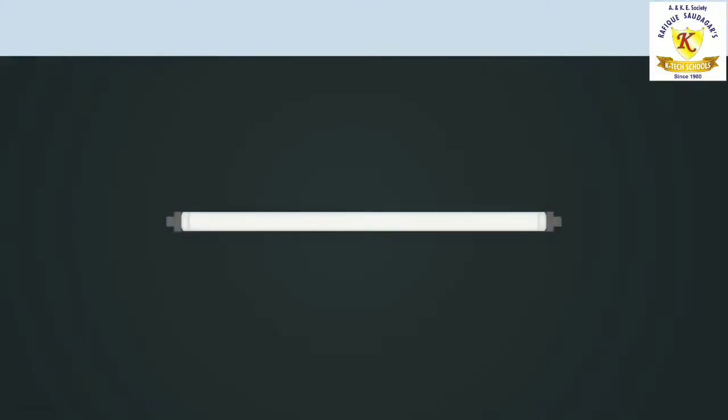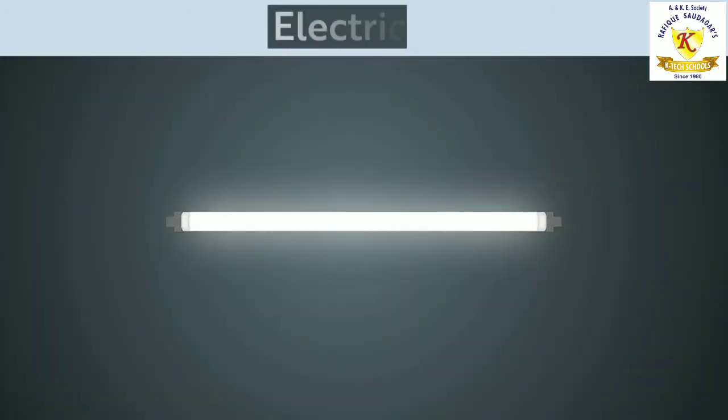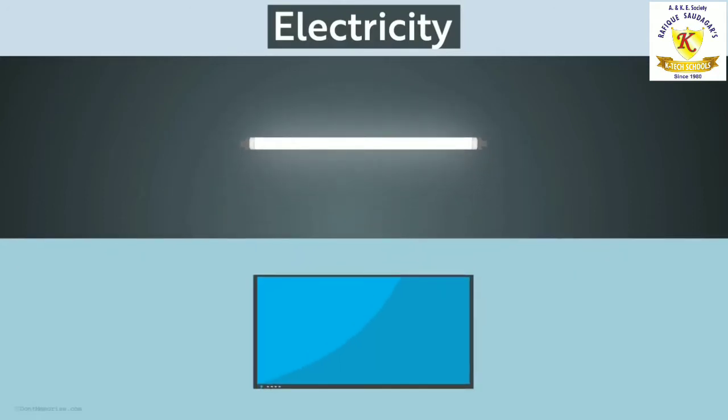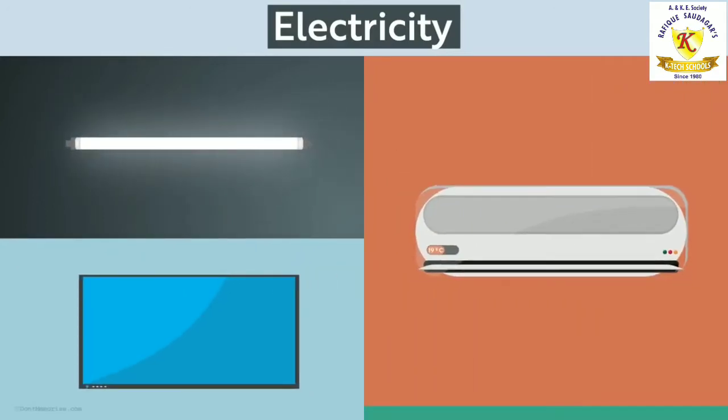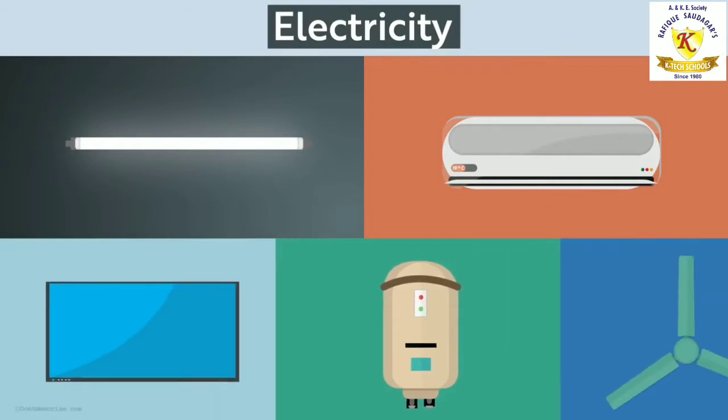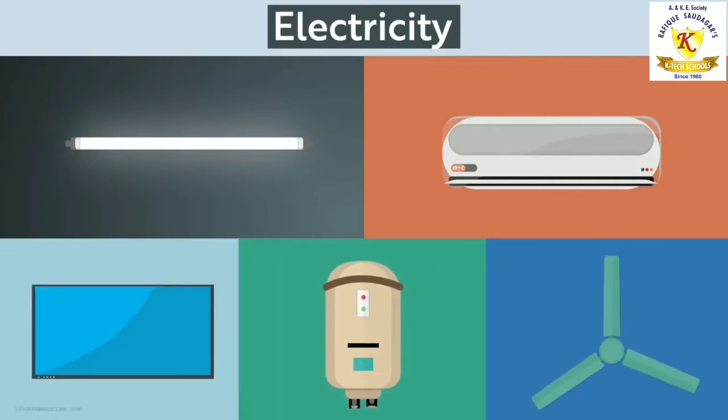You must be aware of the fact that lights in a home work on electricity. However, they are not the only ones that use electricity. Our television, air conditioners, water heaters, fans and so on also need electricity to function.